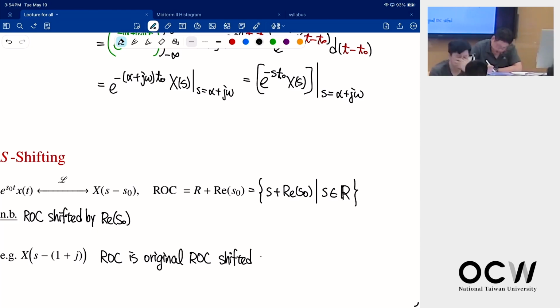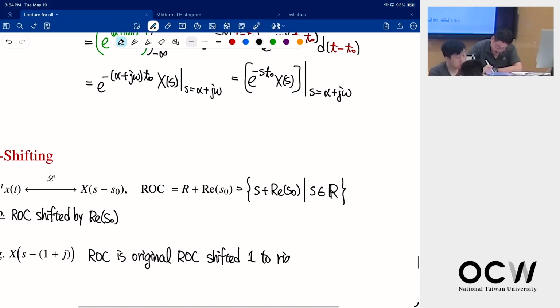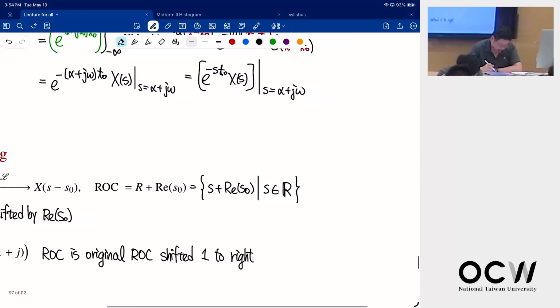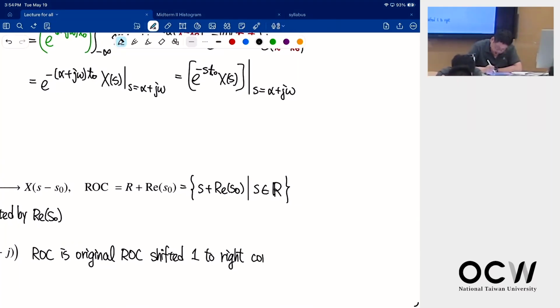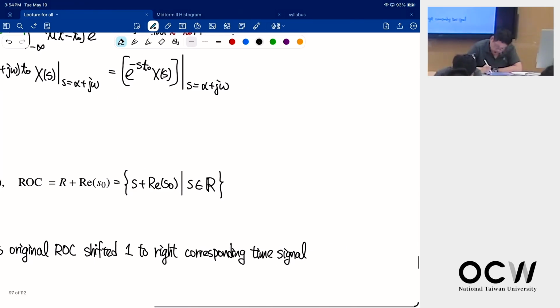So shift 1 to the right. Corresponding to the time signal, e to the 1 plus j t times x of t.